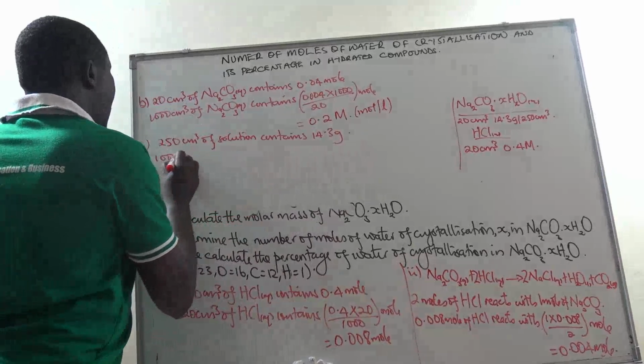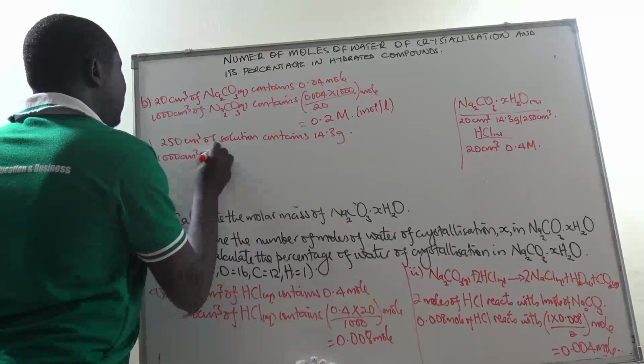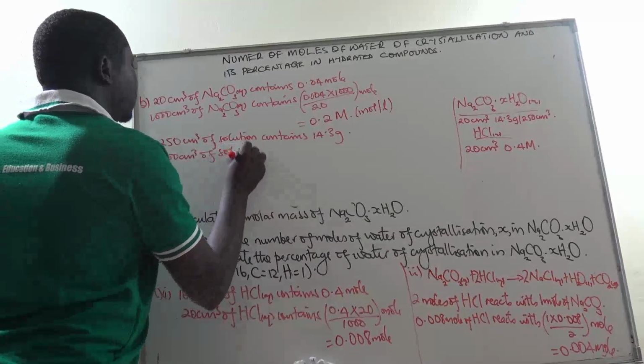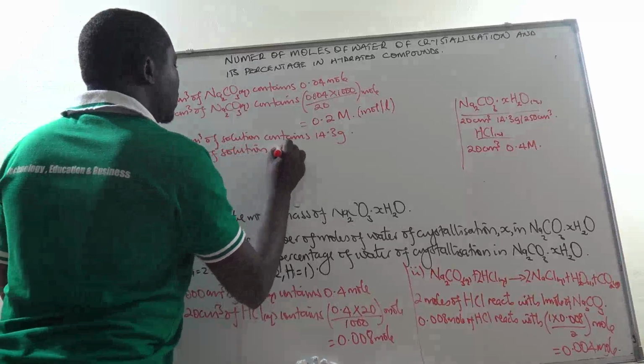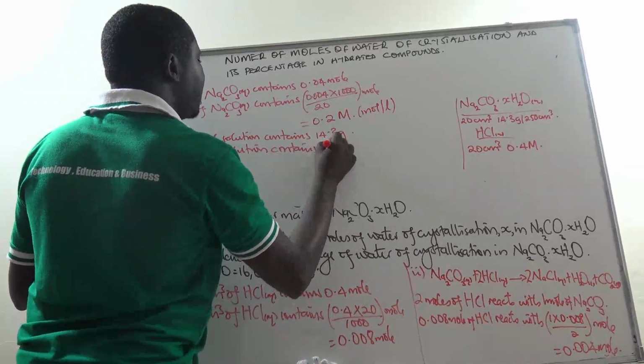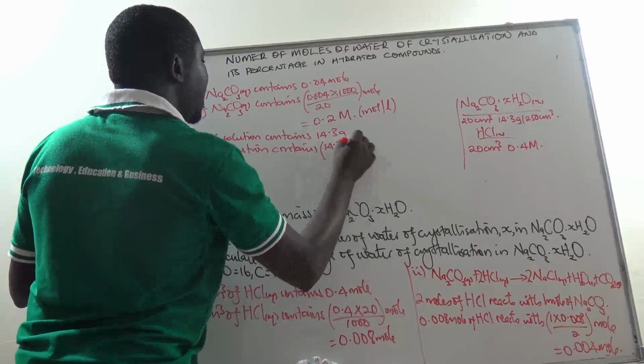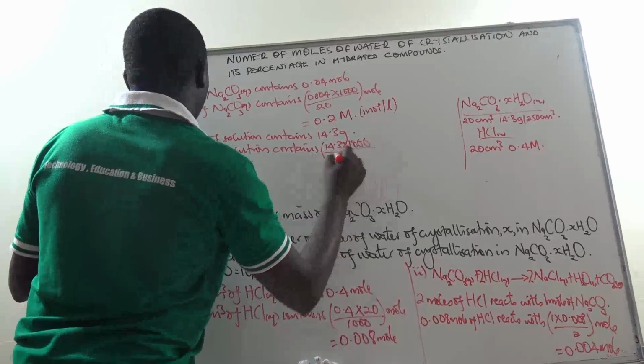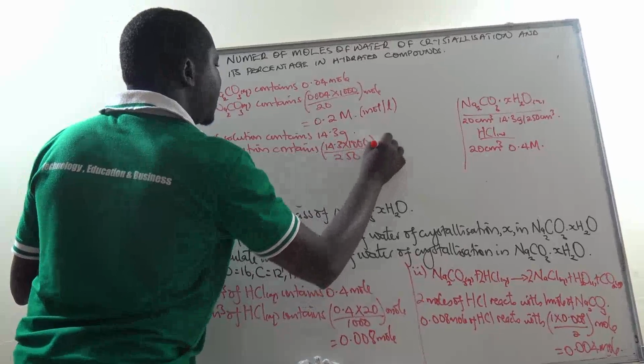And then what of 1,000 cubic centimeters of the solution? It contains, we cross multiply, 14.3 times 1,000 over 250 grams.